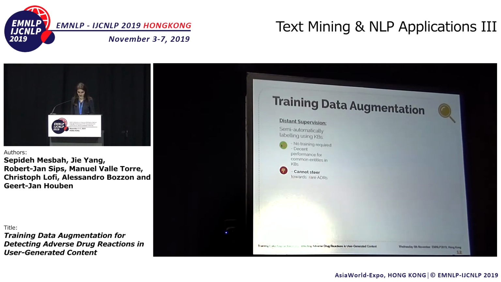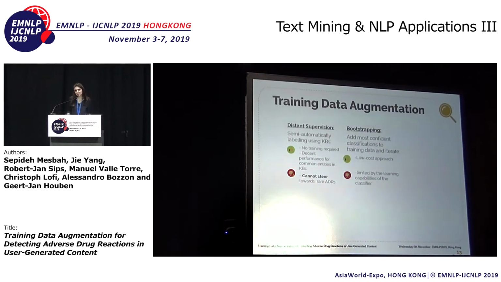Another popular technique is bootstrapping, which tries to add the most confident classifications to the training data in different iterations. It is a very low-cost approach, but again it is very limited by the learning capabilities of the classifier.